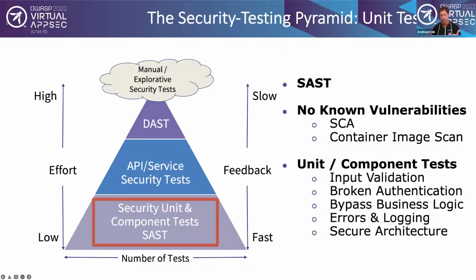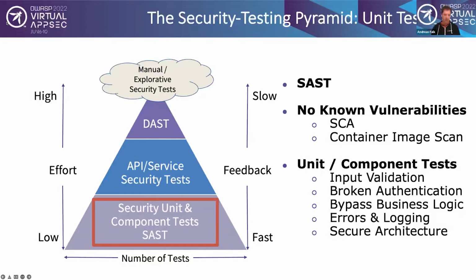And here, typical tests you can already put as a unit test are testing input validation. You can test for broken authentication stuff. You can also do the typical unit testing stuff like trying to bypass business logic that you have defined, or write some negative tests that try to break your business logic to do malicious stuff.